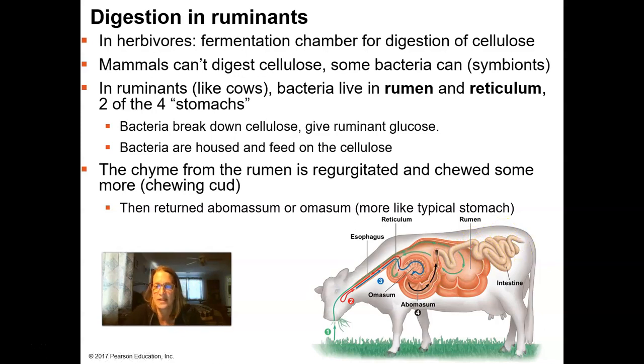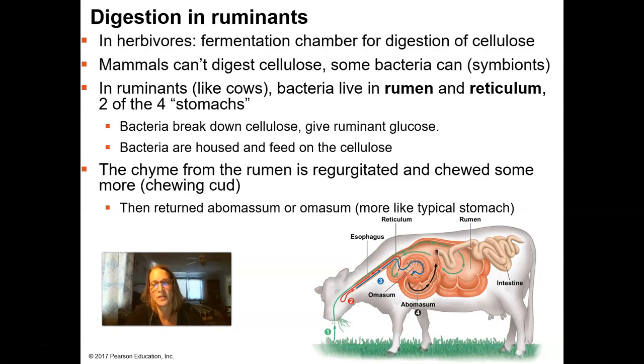Remember that in the intestine, that's where the nutrients get absorbed. So there's been multiple chemical digestion of the cellulose through the two stomachs, the rumen and the reticulum, where the bacteria are helping chemical digestion occur. There's mechanical digestion right after the cow ingests the food, and then it's mechanically digested again after it passes through the rumen and reticulum.